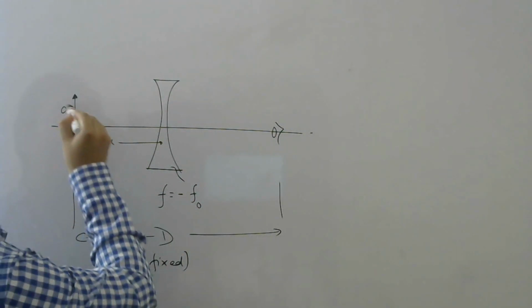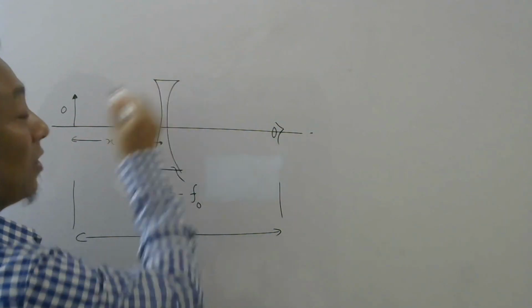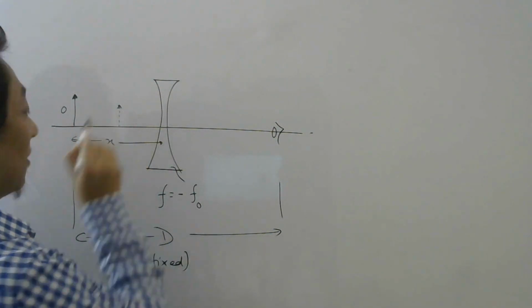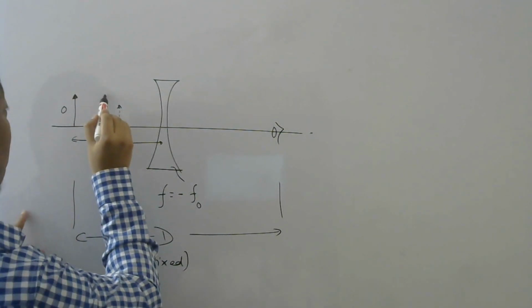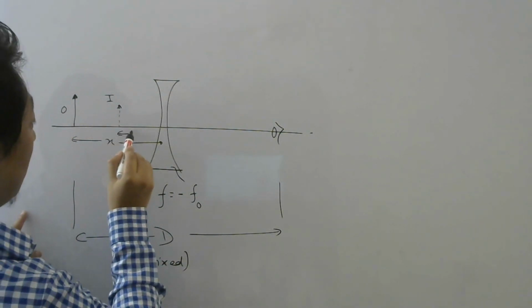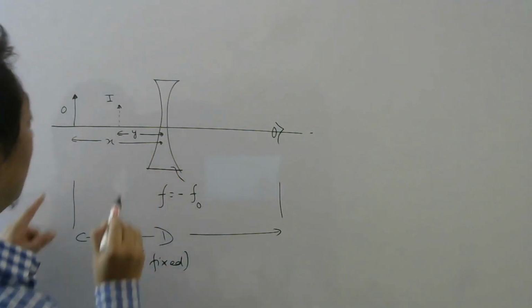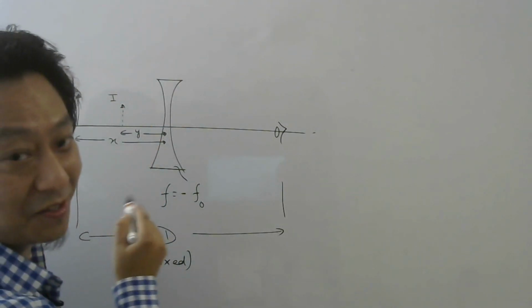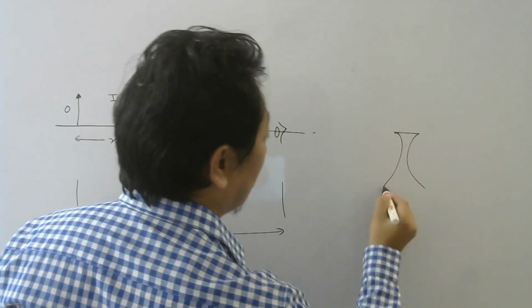Now we all know for a real object the image made by a concave lens is virtual and it is also shorter. So let us say this is your image, at a distance y. So here is the object, here is the image. I hope you understood how I made this image. You just have to draw the ray diagram.